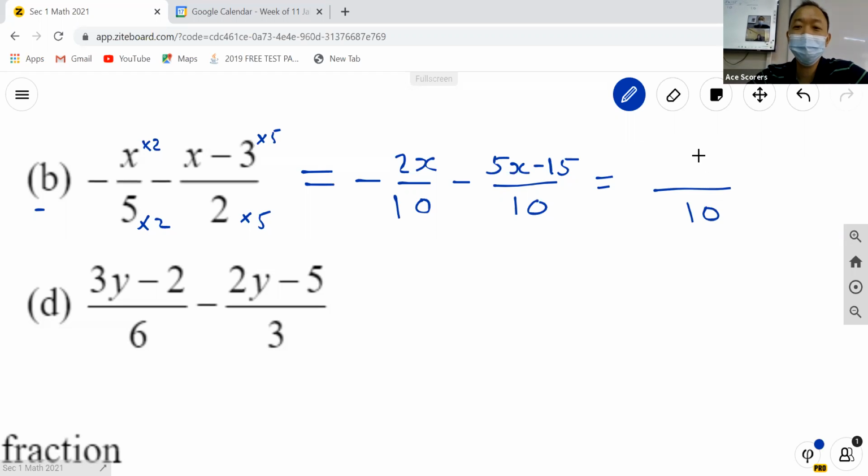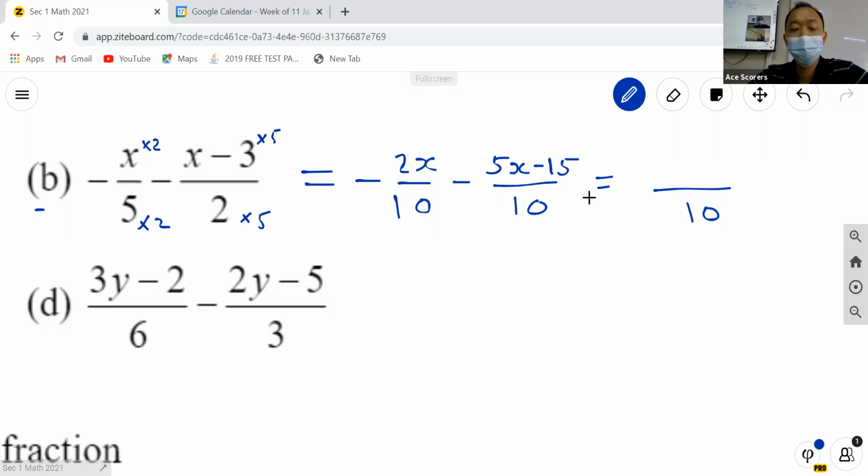Yeah, numerator is the one at the top. What's your answer? Numerator. Come on. What's the top? What do you get? No, I'm asking Davian.